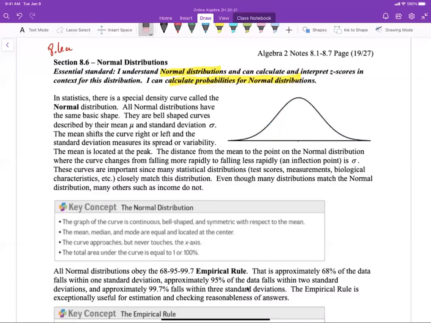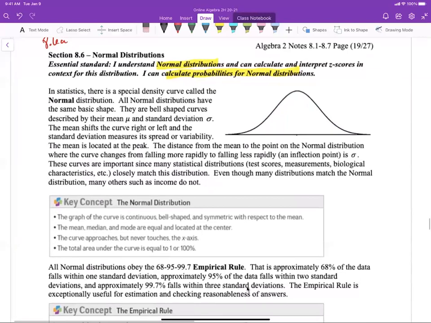They are described by their mean and standard deviation. When we have a normal distribution, we are going to talk a lot about their mean. And so this mean is mu. And so there is the mean of a normal distribution. And we have a standard deviation sigma.